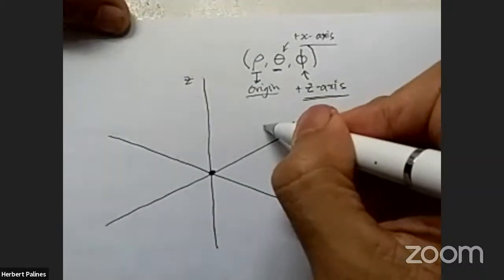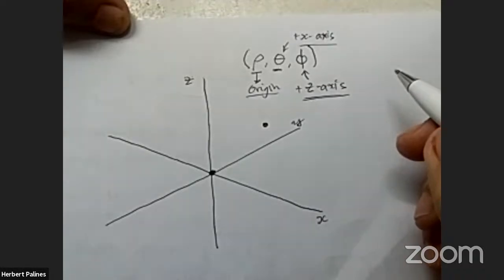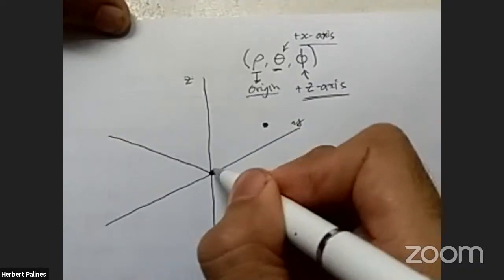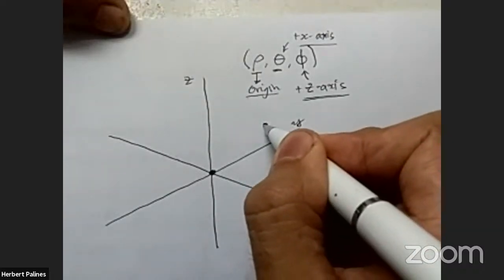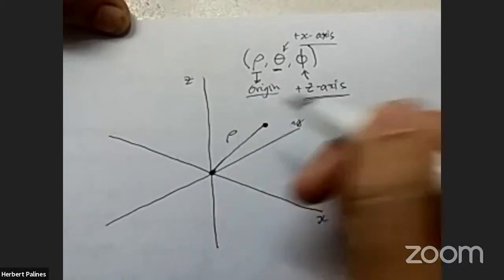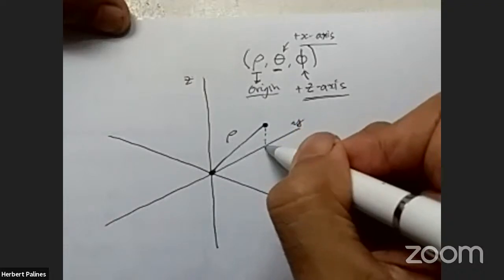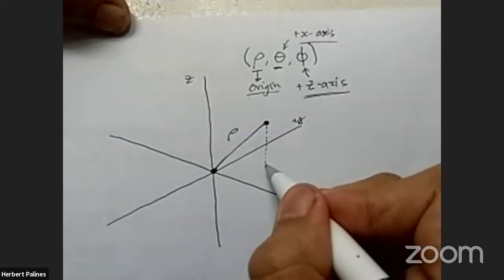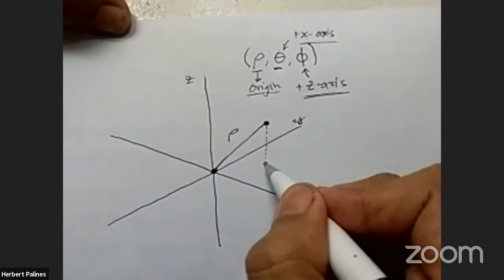For example, if we have this point in Archimedes using spherical coordinates, rho is basically the directed distance of this point from the origin. So rho is represented by this distance. Where is theta? You project the point onto the xy plane, the horizontal plane, and you get a projected point in the xy plane.